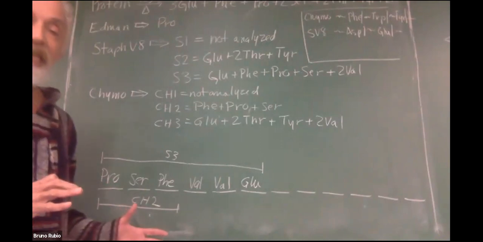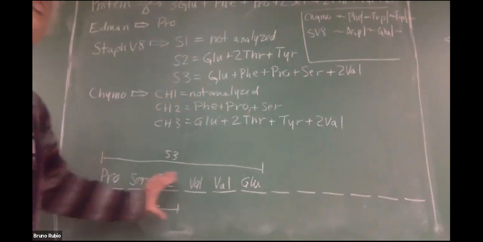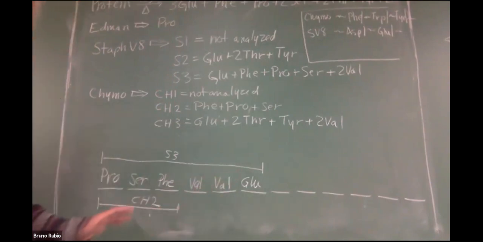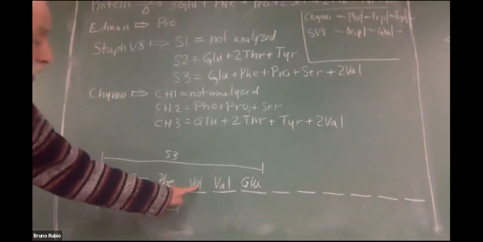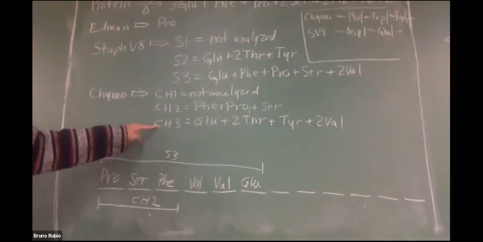So you see the technique? The technique is finding where these fragments are in the peptide, and you're looking for regions of overlap. Now I found where these two valines live, and those two valines came out in CH3.